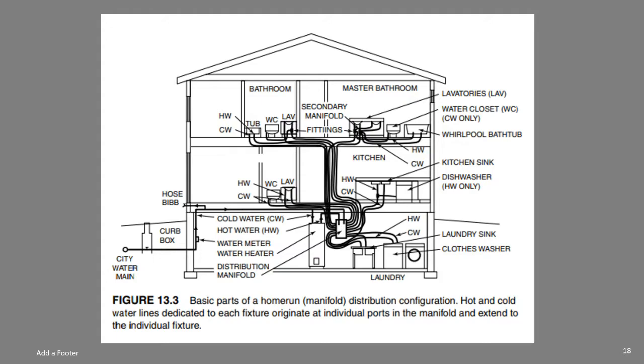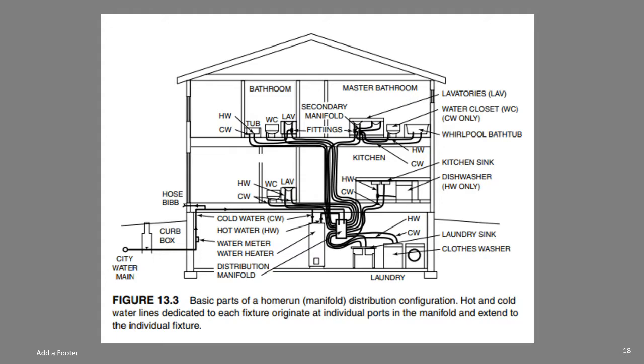Yung water is from the city water main, then sa curb box, papunta sa water meter. And after sa water meter, makikita natin na pupunta ang tubig sa manifold. So, from the manifold, manggagaling yung mga tubig at pupunta sa kada pipe ng kada fixture.